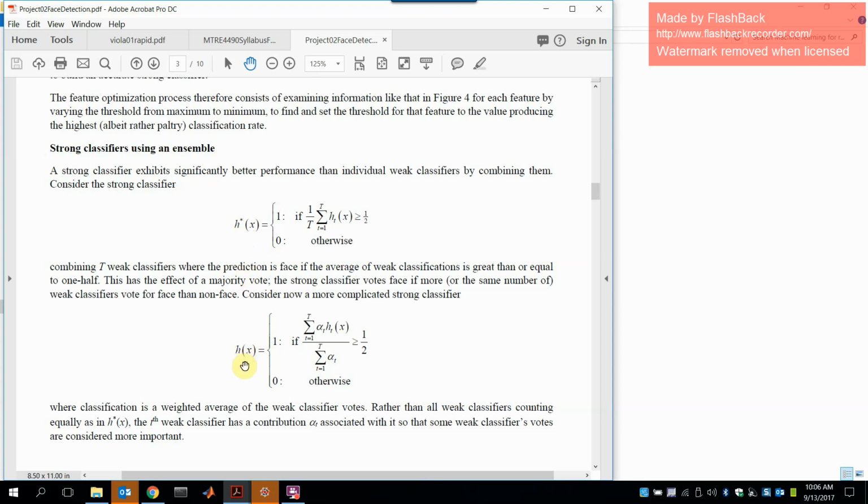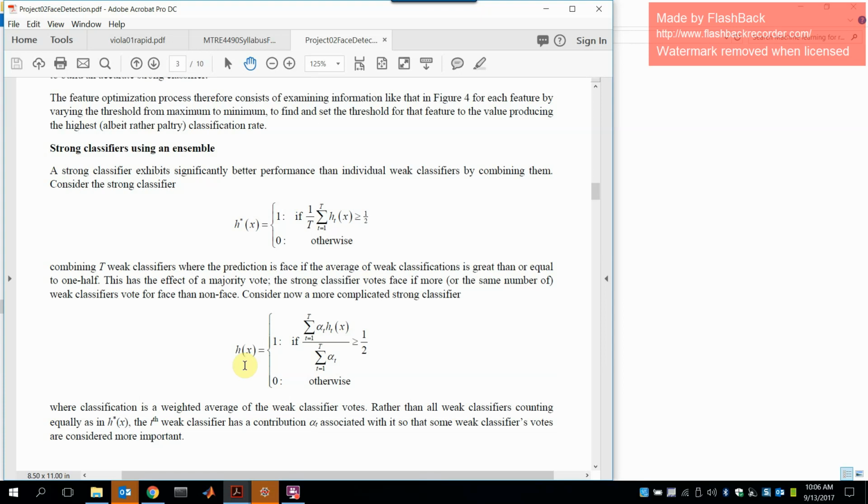Instead, we're going to use this h of x, which, if you look at the equation, is very similar. It's actually rearranged a little bit from the equation that's in the paper. They multiply both sides by that denominator so that there's no fraction. But it's the same exact equation, just in a different form from what's in the paper. The only difference between this one and H star is that it's a weighted average. So different classifiers get more votes than others.